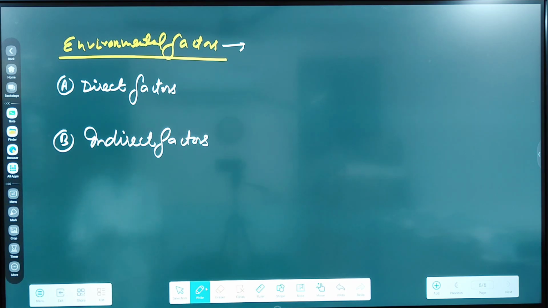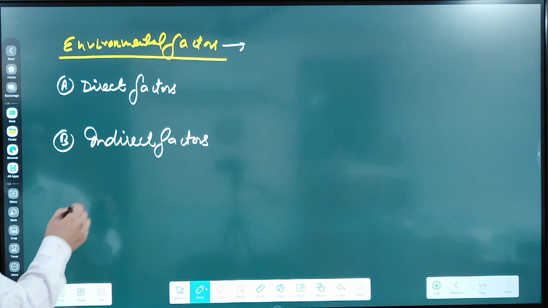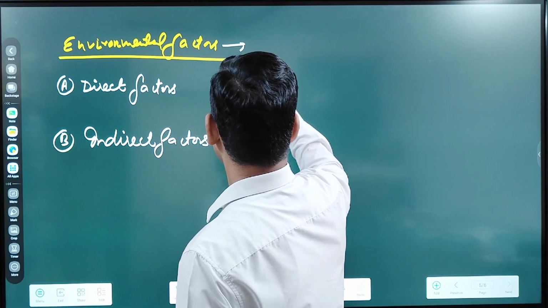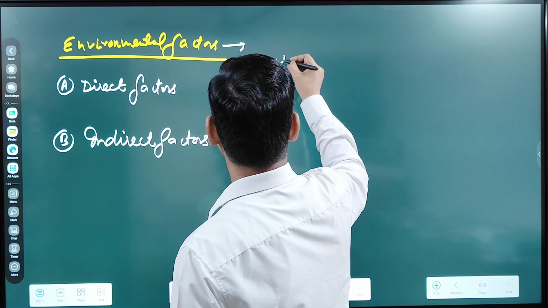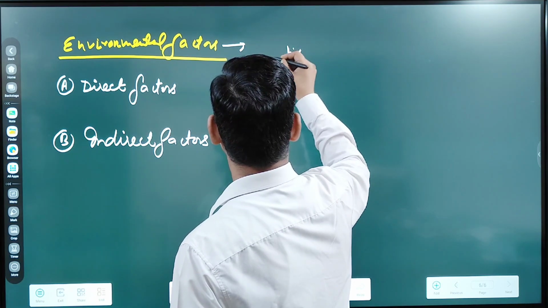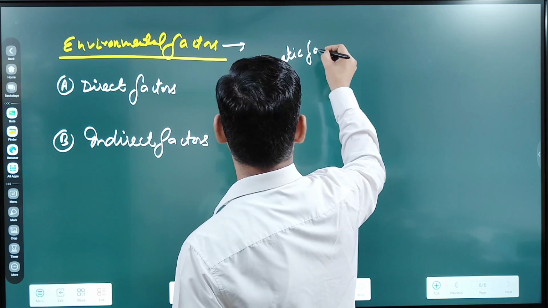Direct means these factors include light, air, temperature, soil, nutrients, soil water, etc. So you may classify them as climatic factors.